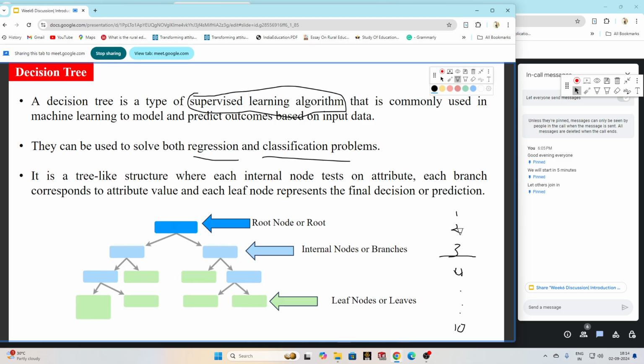Say this is age. 1 2 3 we can classify as young age. 4 5 6 7 we can classify as middle age. 8 9 10 we can classify as senior age, let's say.